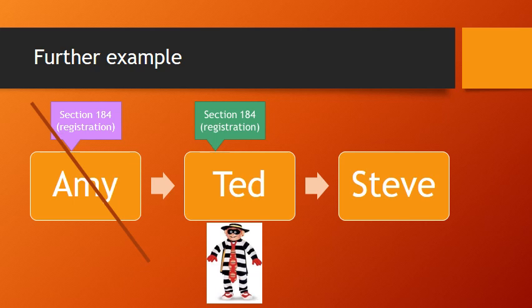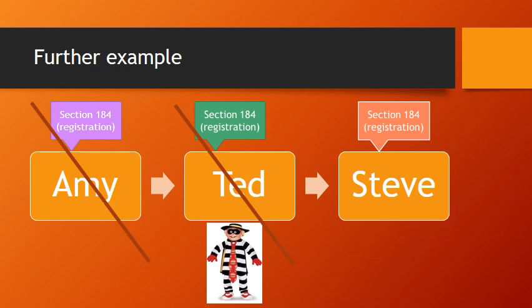Now, at that point, let me go back one animation. At that point, Amy has no interest. Ted has become the registered proprietor, albeit through fraud. So the harshness of the indefeasibility provision would say, essentially, that Amy has no interest anymore, and as soon as it goes to Steve, who is one step removed from Amy, there is no way of her getting the property back. Assuming, of course, that Steve wasn't a party to the fraud by Ted.